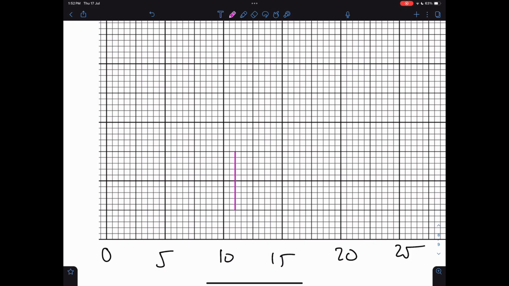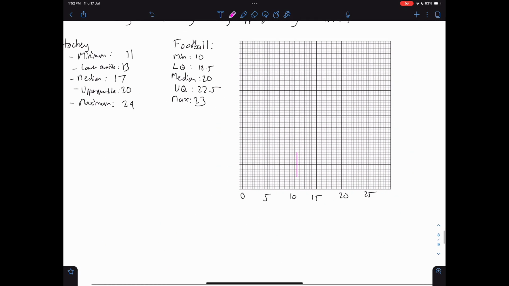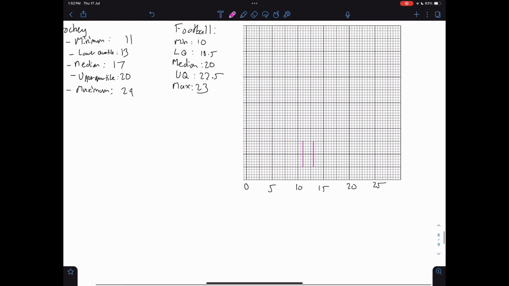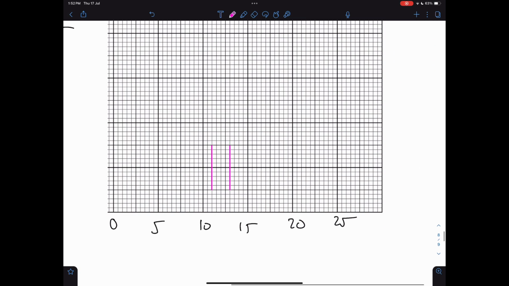Line at 11, then we rule a line at 13. Then we rule a line at 17, 20, and 24.